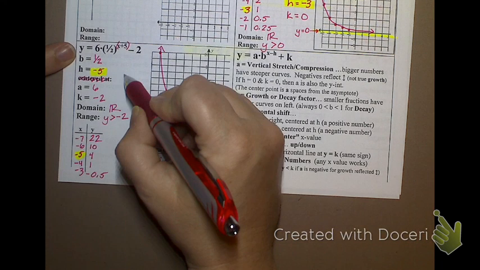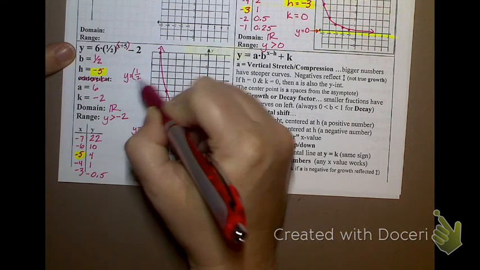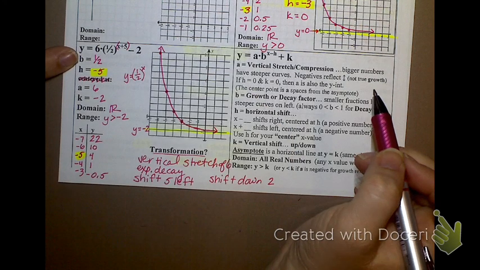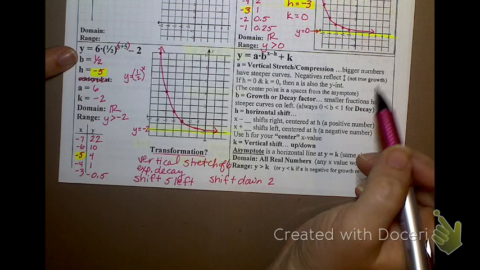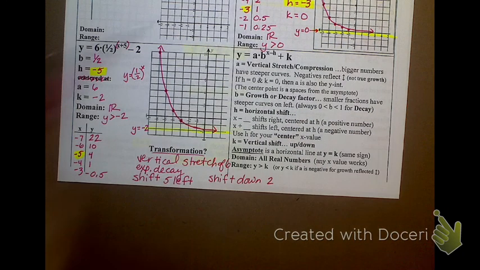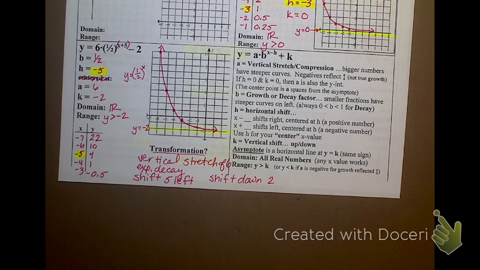Close. Y equals 1/2 to the x would be the parent function there. Okay? That's not as important as you being able to come up with this stuff down here and being able to do your graph. Okay? Questions? All right. Happy studying.